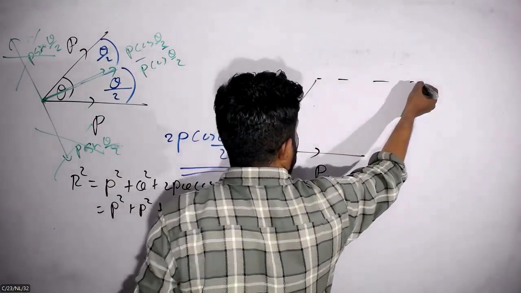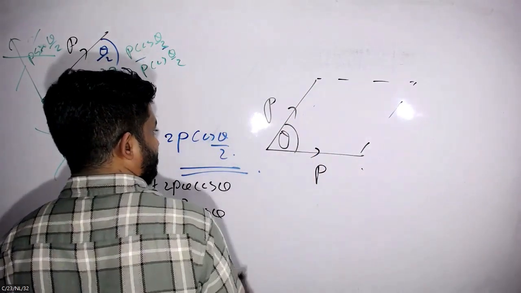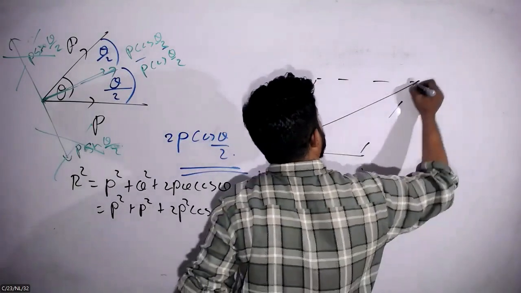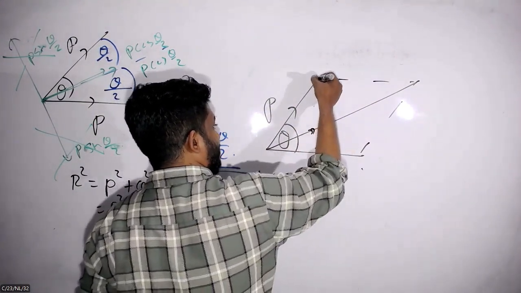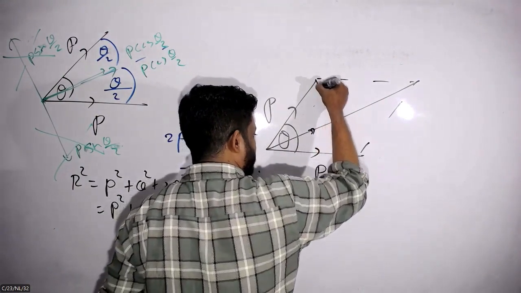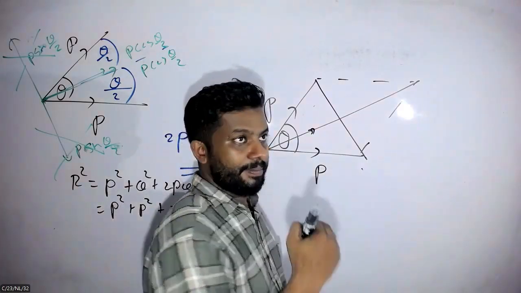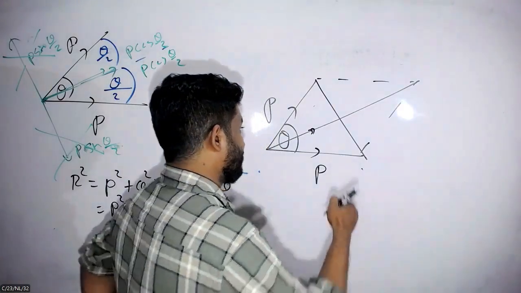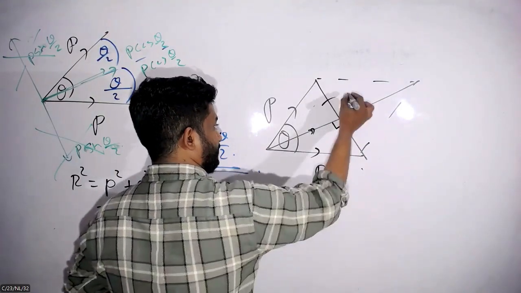Therefore, you will obtain a rhombus as the parallelogram. This parallelogram, children, is a rhombus. Then this is the diagonal that represents the addition of the 2 vectors. The other diagonal of the parallelogram represents the difference between the 2 vectors. And you should remember, in a rhombus, these 2 diagonals bisect each other perpendicularly.